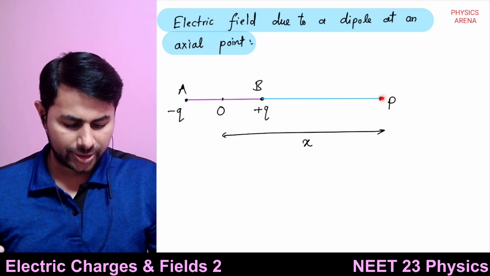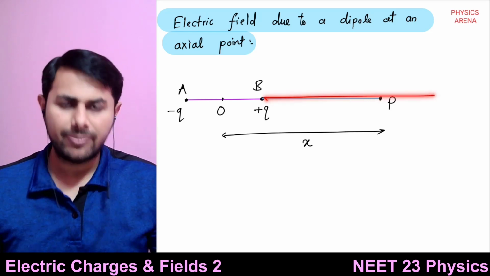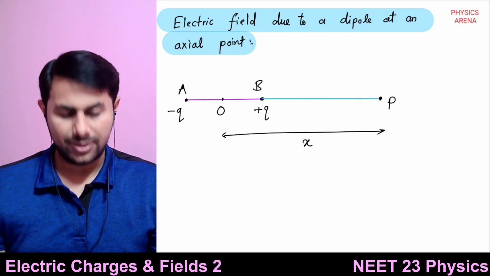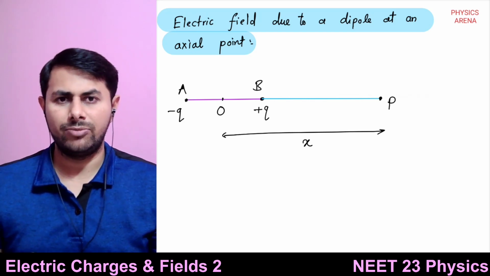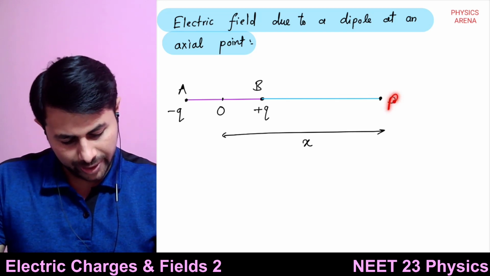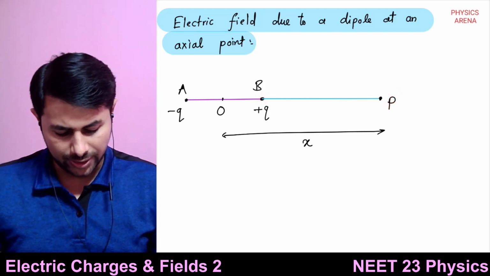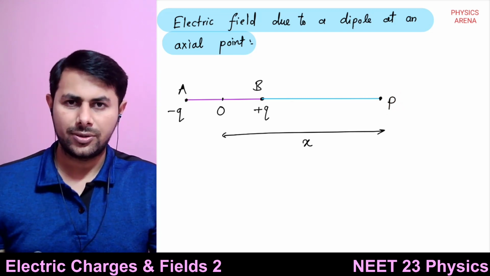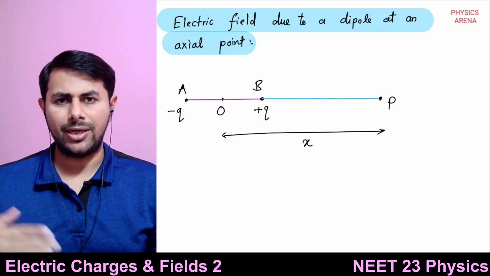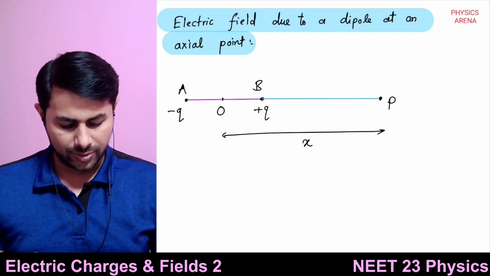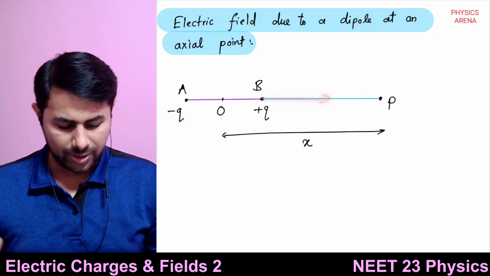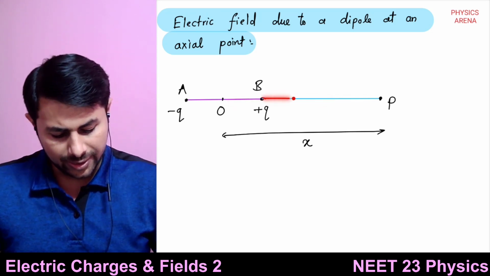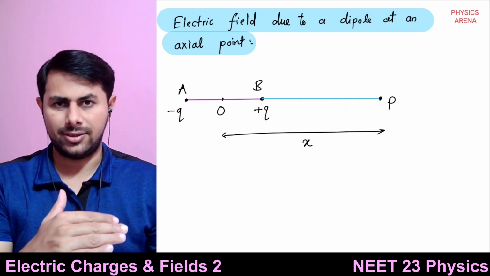That means if you keep a positive charge over here, it will be repelled by the positive charge and attracted by the negative charge. But whose electric field is more? Because point P is closer to the positive charge than the negative charge, the electric field due to the positive charge is more. So if you find the net electric field, the field due to the positive charge is like this, and the field due to the negative charge is directed in the opposite direction. If you add them, the net electric field will be directed like this.